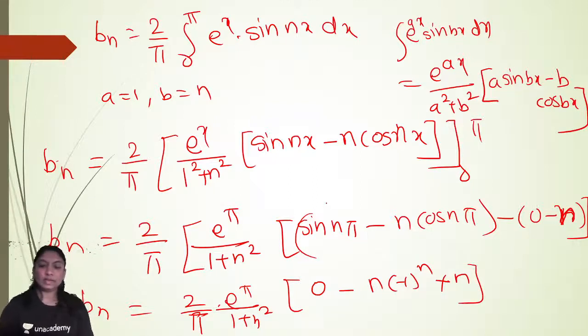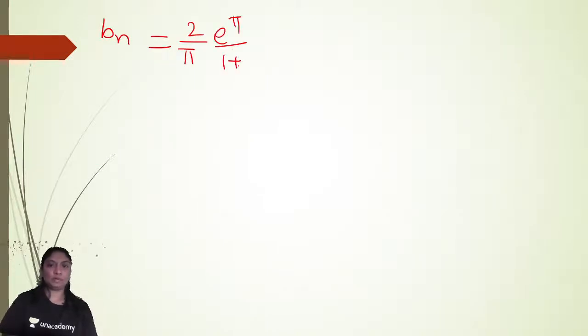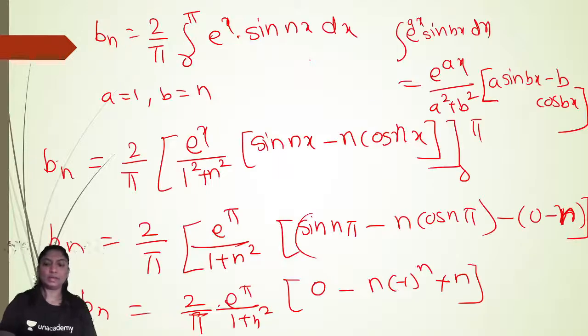So we can take Bn is equal to 2 by pi e raised to pi upon 1 plus n square into bracket.